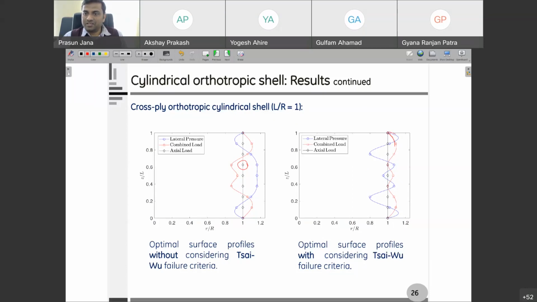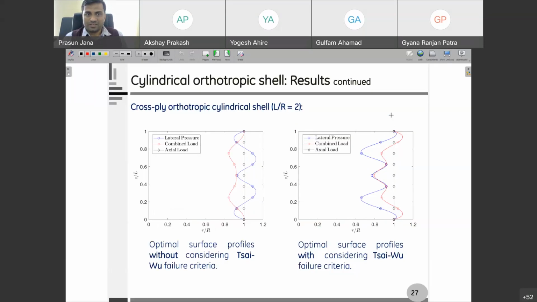So you can see here, this is only lateral pressure. Then you have axial load added, so it is flattening down. And then when you have only axial load, it is truly flat. So axial load actually flattens the optimal curve, whereas with only lateral pressure, you have a lot of waviness.